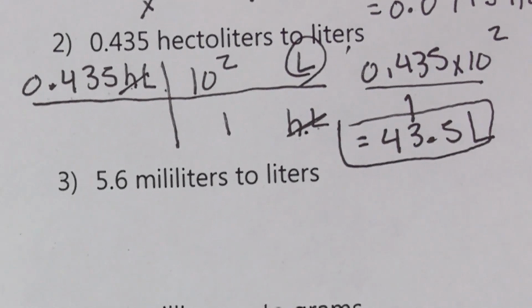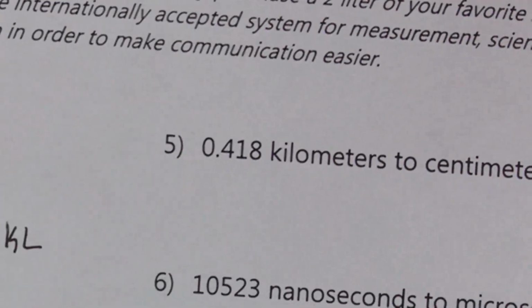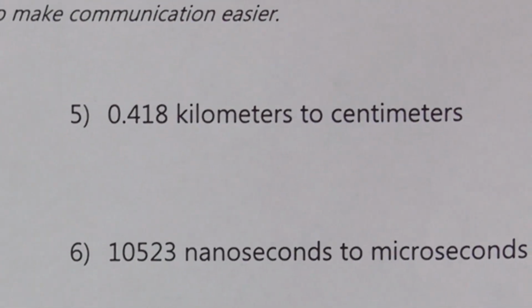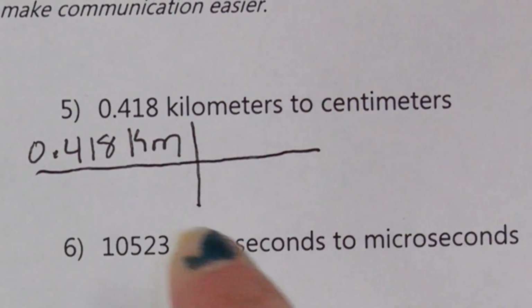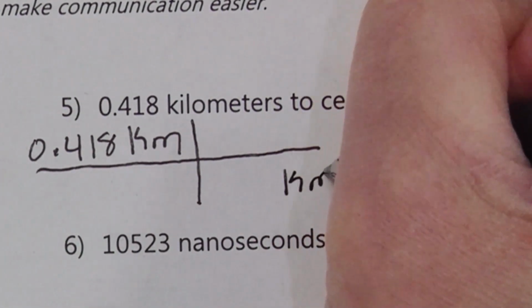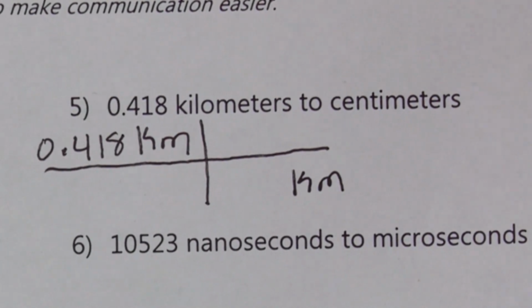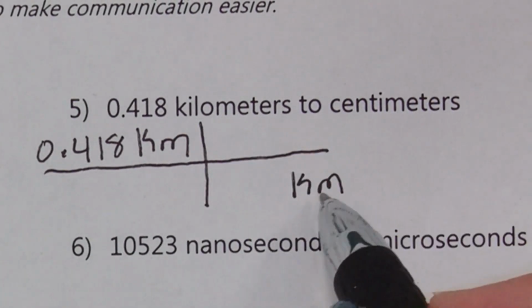Let's do a two-step problem. So we're going to come over here to number 5 on our worksheet, and we're going to do a two-step problem. 0.418 kilometers. All right. So let me set this up. The unit on top goes on bottom. I must have a base in every single conversion factor.